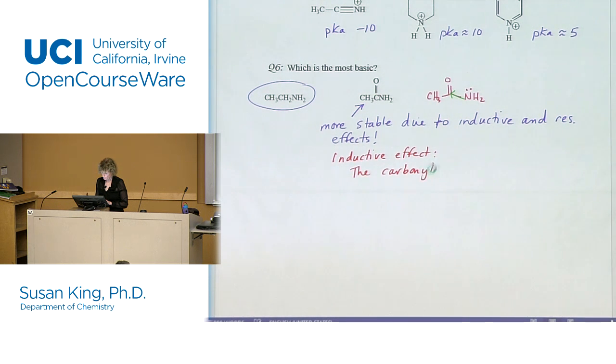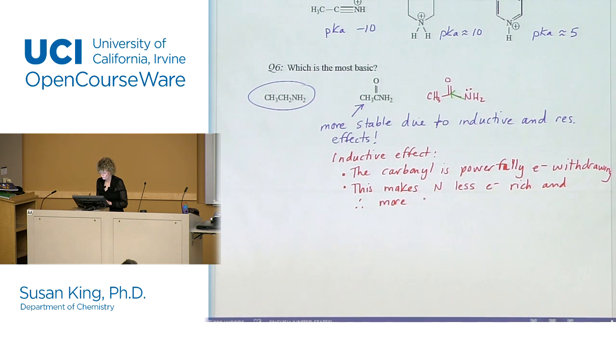The carbonyl is powerfully electron withdrawing. This makes nitrogen less electron rich, and therefore more stable. And more stable equals less basic. You may not have even thought about the inductive effect of the carbonyl group, but it's certainly there.